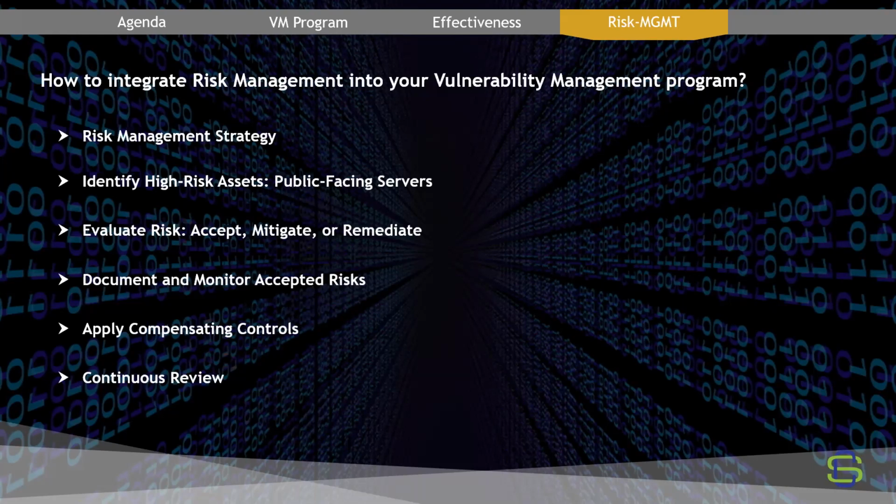And so what we need to do is we need to identify our high-risk assets, those being public-facing servers, any servers that are transmitting, storing, or hosting PII, PHI, sensitive data, proprietary data, really anything that you consider as an organization to be valuable to you need to be categorized as high-risk assets. And then in my opinion, those high-risk assets need to have their own separate remediation timeline in terms of patching and mitigation.